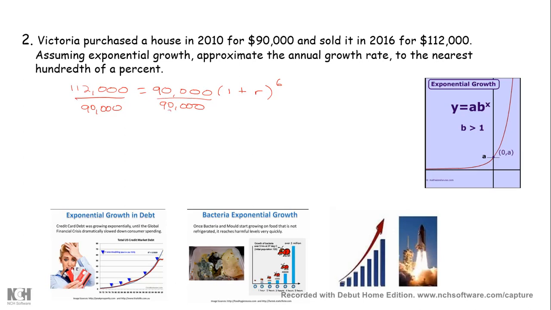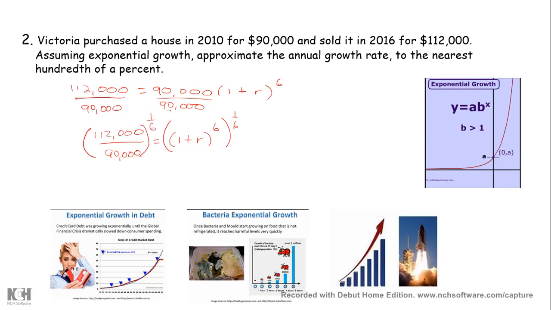Oops, no, I don't know what you get actually, because I didn't write it down, so that's not cool. But in any case, I'm just going to leave it as 112,000 over 90,000. But you could put that in your calculator and get the answer. I don't have one with me, otherwise I would do it. Okay, and that equals 1 plus the rate to the 6th power. Now we're going to have to take both of these and either take the 6th root or bring it to the 1/6 power.